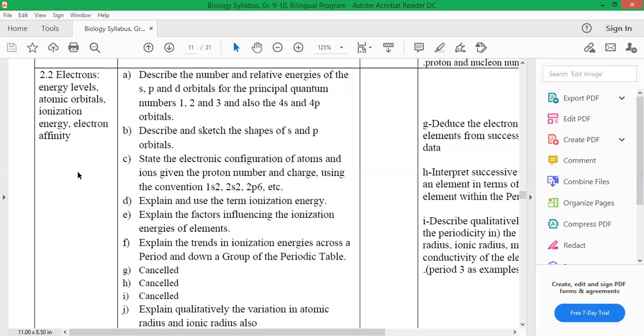Fahad, finish? Last one, just write electronic configuration and after that write the order. Electronic configuration, write EC, then write the order of that.